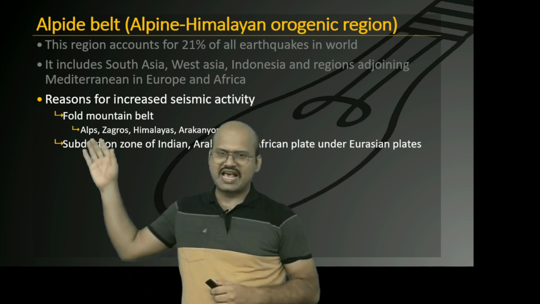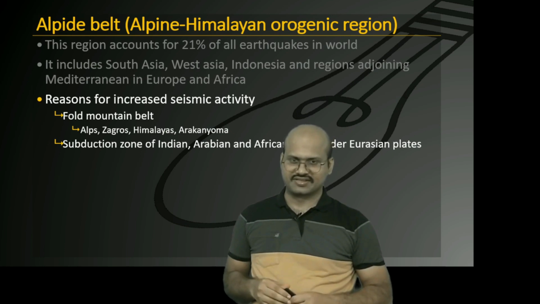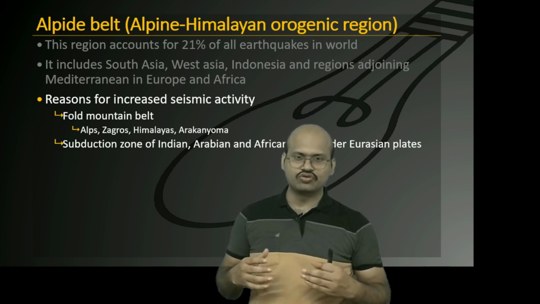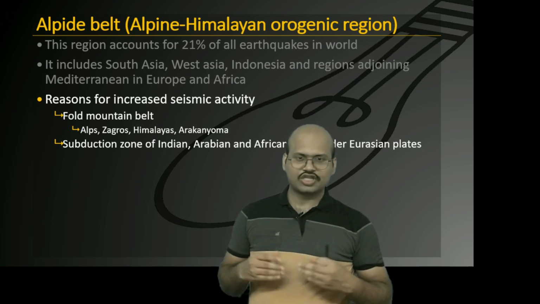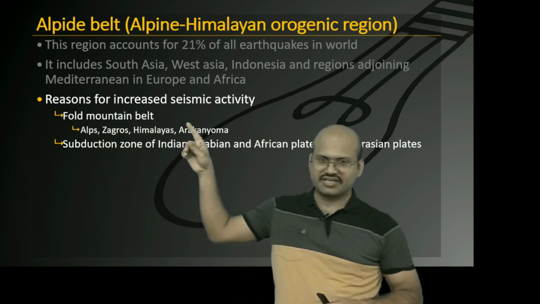We see the Alps, Zagros, Himalayas, Aconcagua, all fold mountains in this region. Now because fold mountains are created here, land masses are in huge tension and faults can occur there. When faults are created, earthquakes are generated in those regions. That is why these regions are rich in earthquakes.